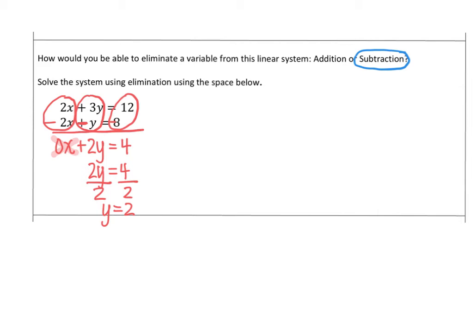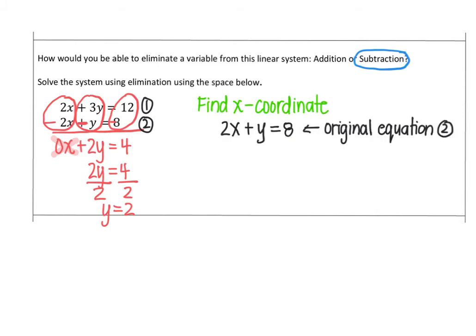We can use this and one of our equations, let's pick equation 2, to find the x-coordinate. So 2x plus y equals 8, and we'll substitute y equals 2. We'll have 2x plus 2 equals 8. Let's move that 2 across the equal sign where it will become negative, and that will leave us with 2x equals 8 minus 2, or 6.